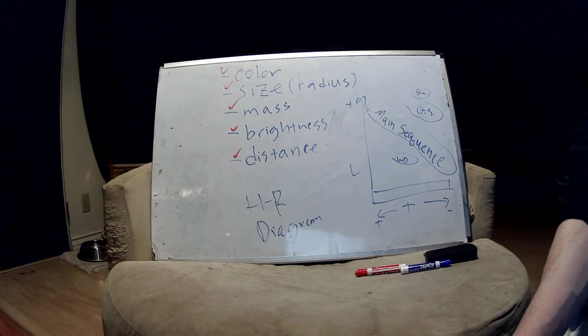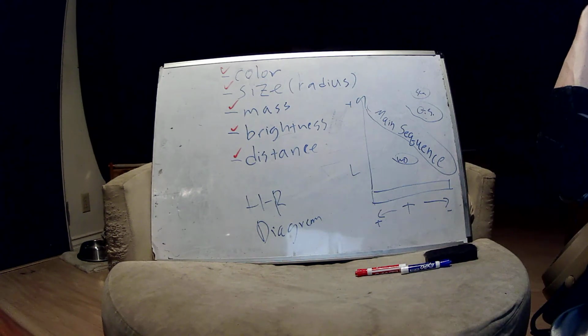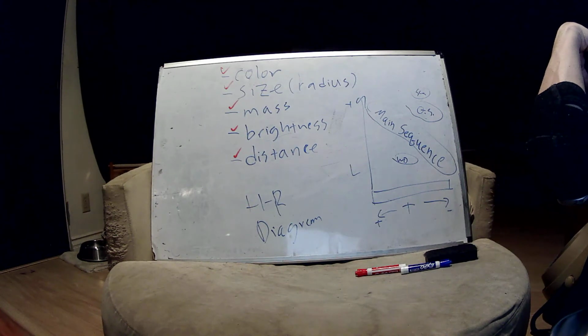Now, there are lots of correlations between these. Obviously, the hotter something is, the brighter it's going to be. But also, things can also be bright because of their size. There's definitely a correlation between color and temperature.